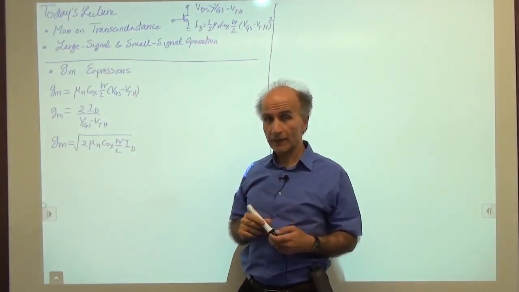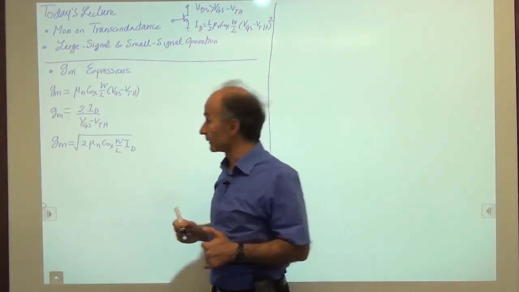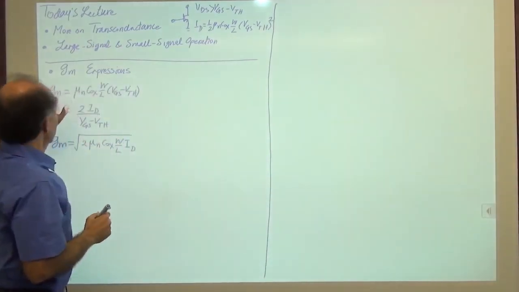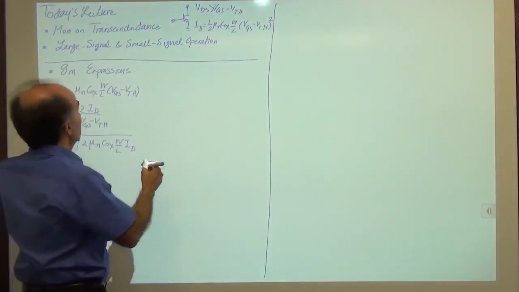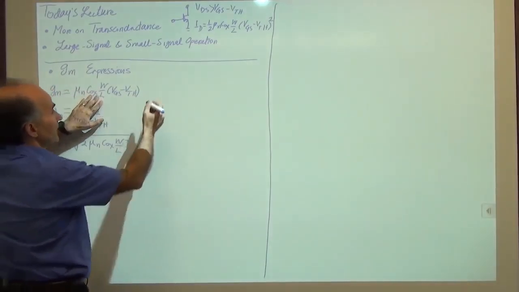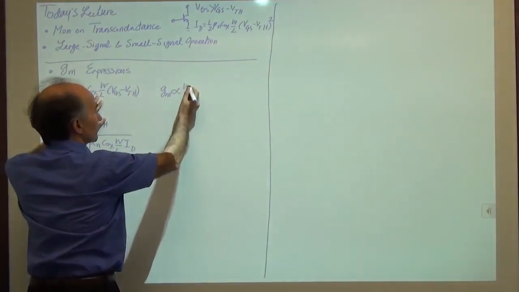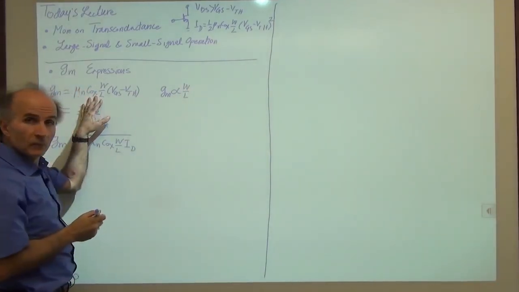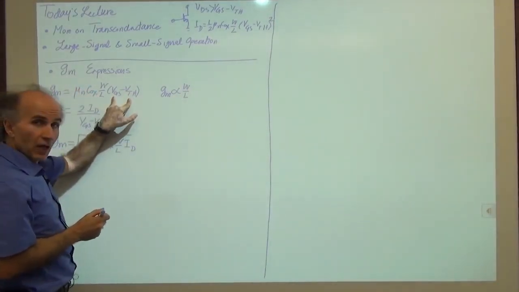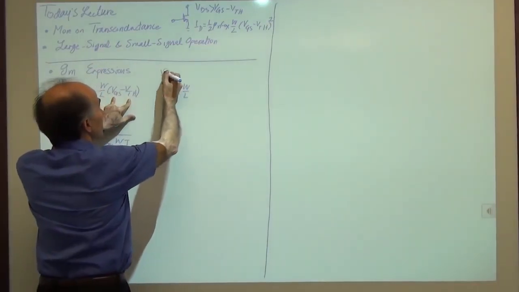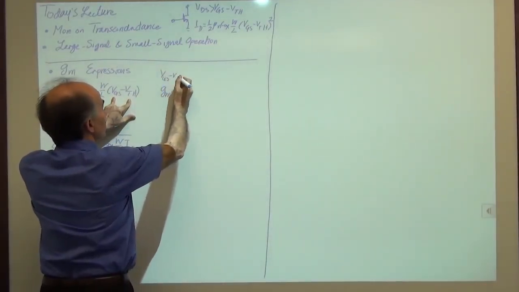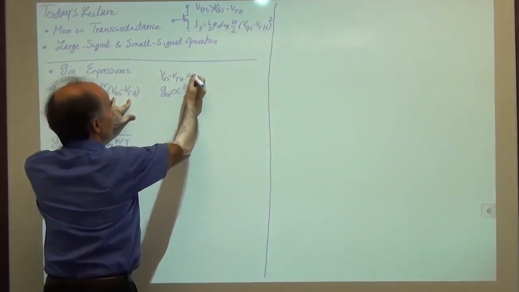So let me elaborate on this and see what we mean exactly. Okay, so here we can say that GM, for example, is proportional to W over L if we keep VGS minus VTH constant.